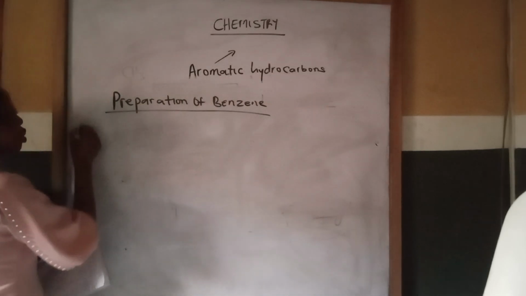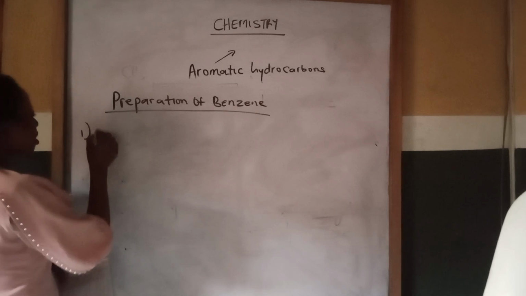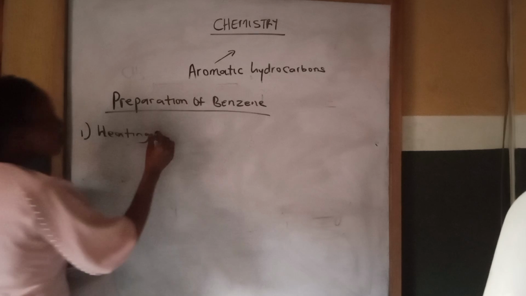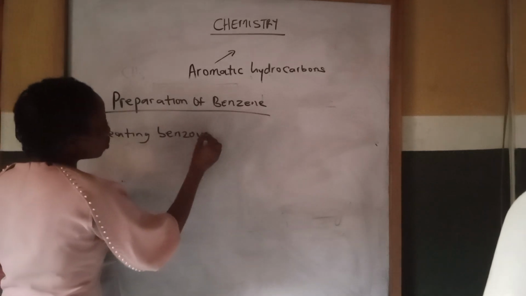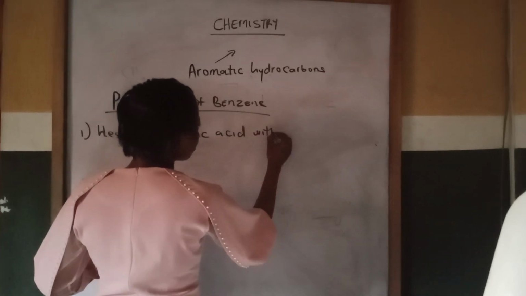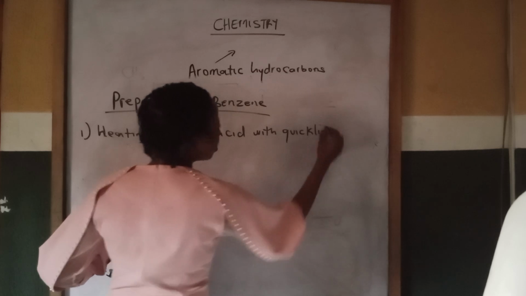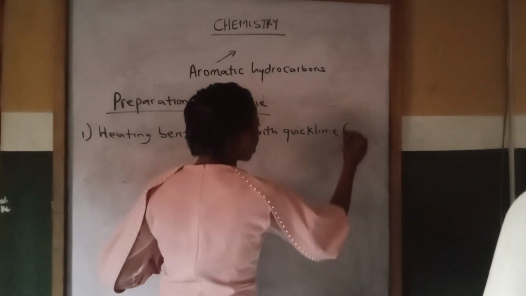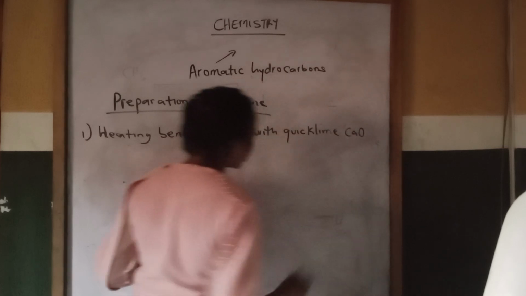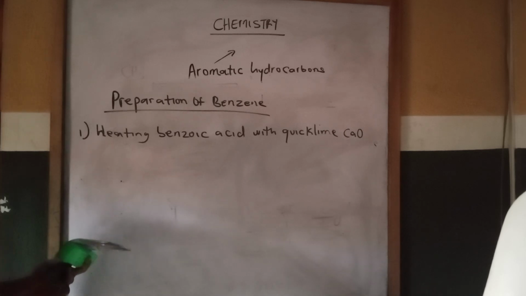So the first method of preparing benzene is by heating benzoic acid with quicklime. Then what is quicklime? That is calcium oxide. Quicklime is calcium oxide. So reaction between benzoic acid and quicklime will give us benzene.